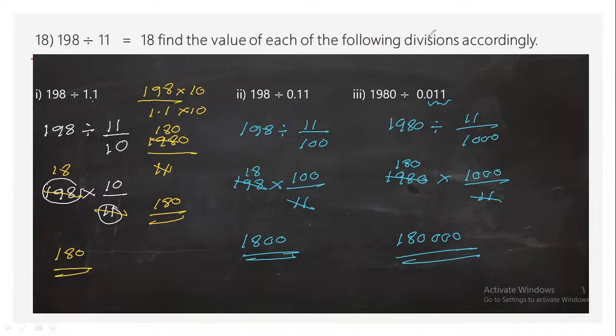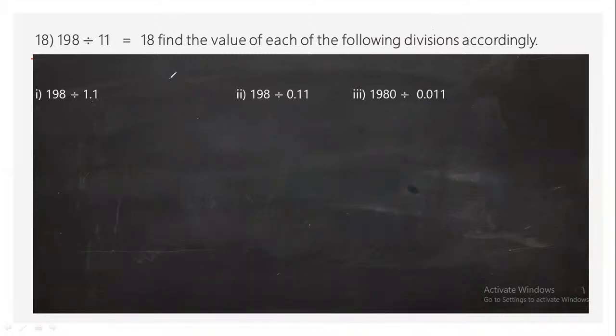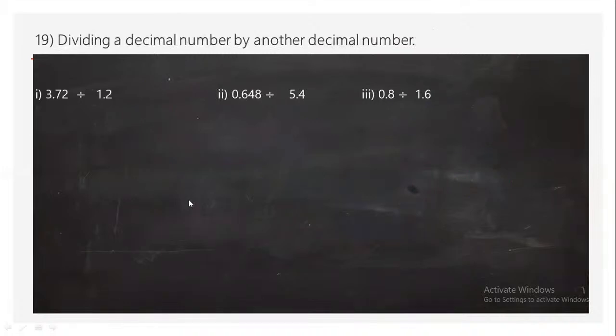What is question number 19? Dividing a decimal number by another decimal number. 3.72 divided by 1.2. Both are decimals, so don't worry. 2 decimal places here, then the denominator contains 2 zeros.